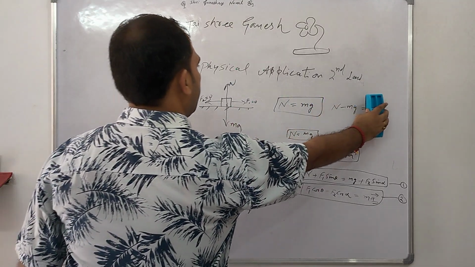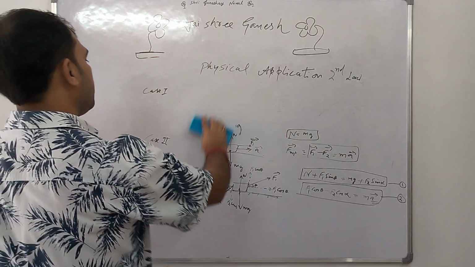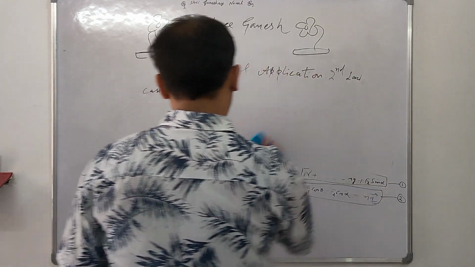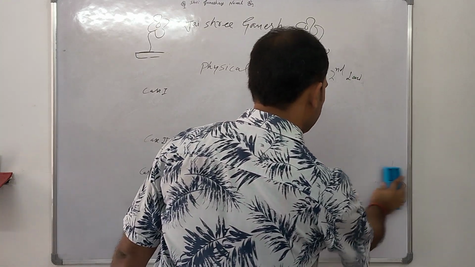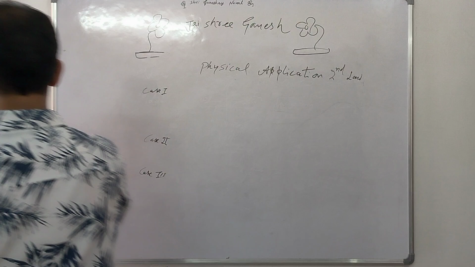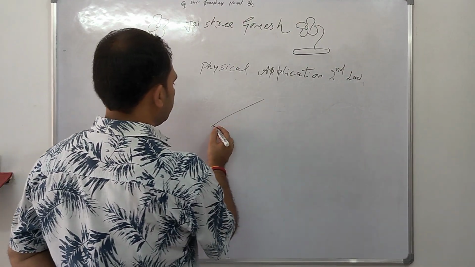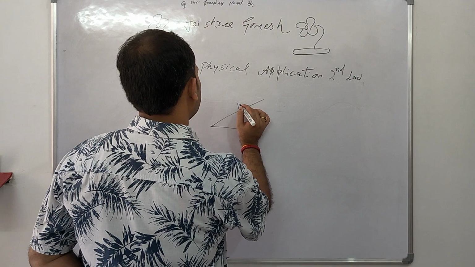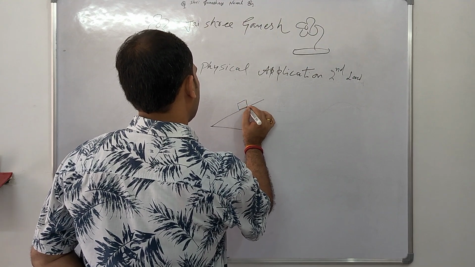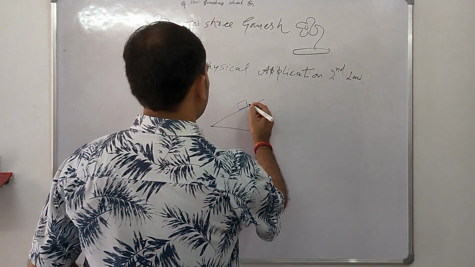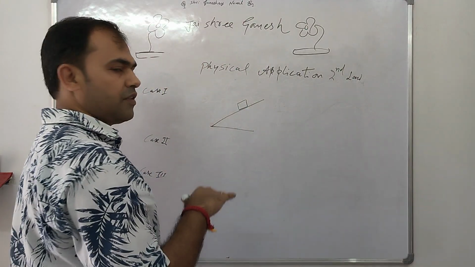So in this we saw the case of a horizontal plane. Now let us consider an inclined plane. This is a plane and the body is kept on it without any external force.